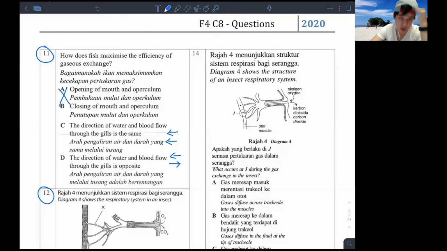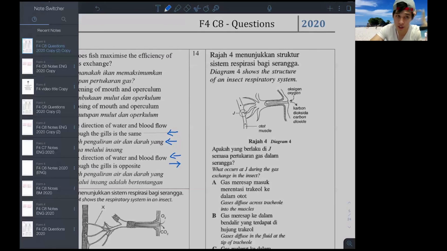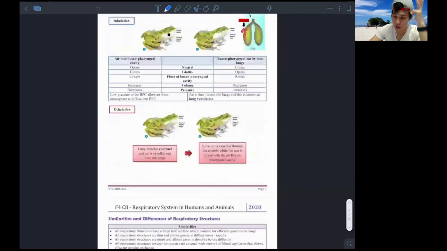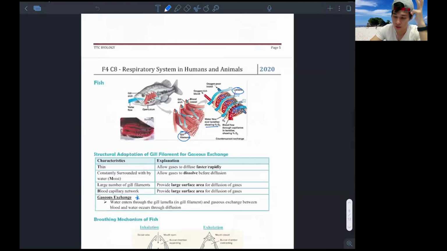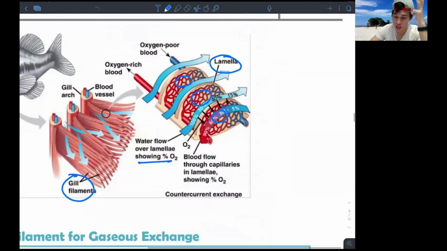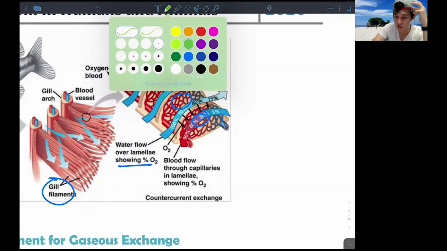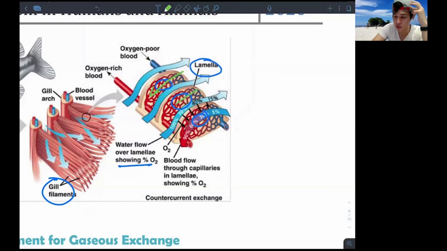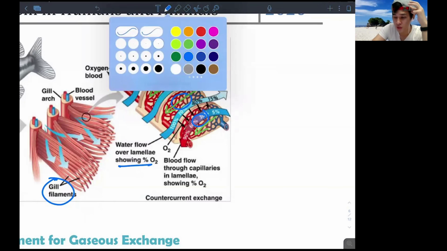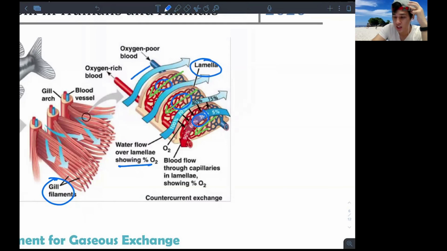This one I mentioned in notes one, whereby if you look here, you can see that the blood in the blood capillaries flows in the opposite direction of the water. The green one represents the blood in the blood capillaries. Water is this blue one they drew for you already. It flows in this direction.